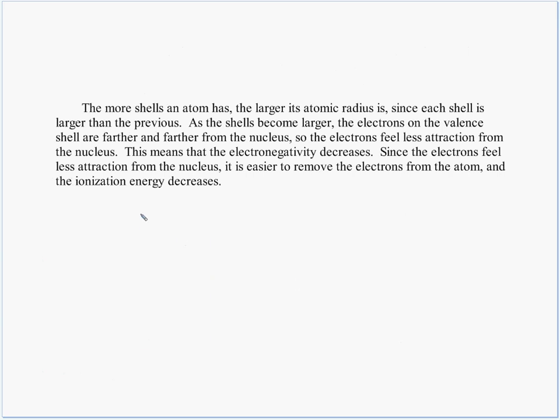Let's read through this. So the more shells an atom has, so that means lower on periodic table, the larger its atomic radius is, since each shell is larger than the previous. As the shells become larger, electrons on the valence shell, oh yeah, so it was just the valence shell, are farther and farther from the nucleus. So the electrons feel less attraction, right?